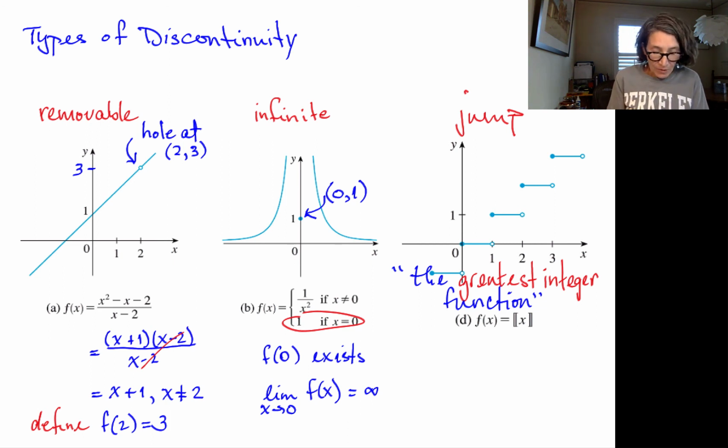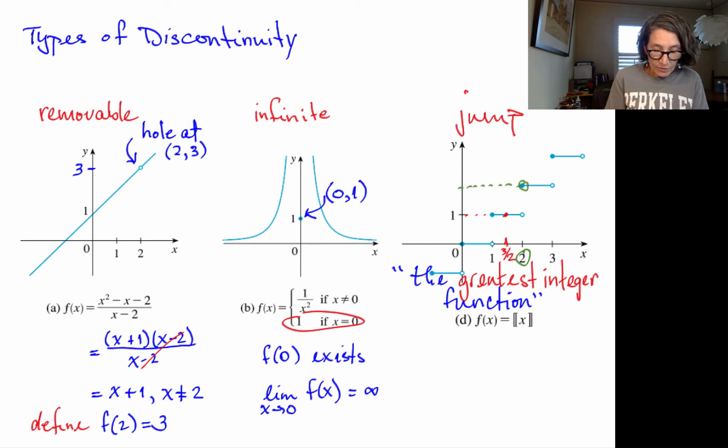So for example, if I wanted to find f of 3/2, the greatest integer less than or equal to 3/2 is 1. So f of 3/2 is 1. But if I wanted to find f of 2, the greatest integer less than or equal to 2 is 2.